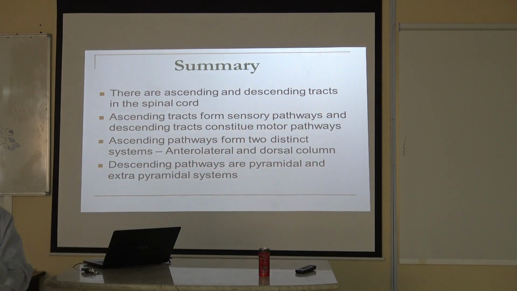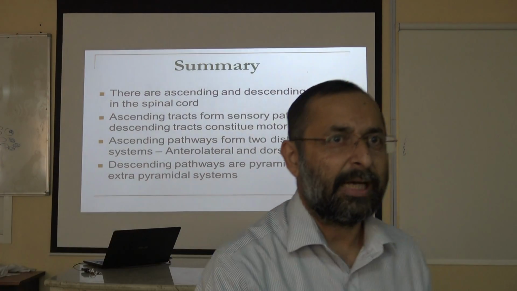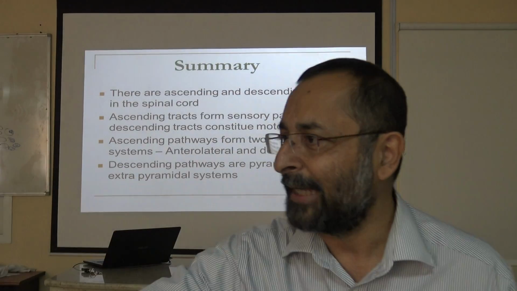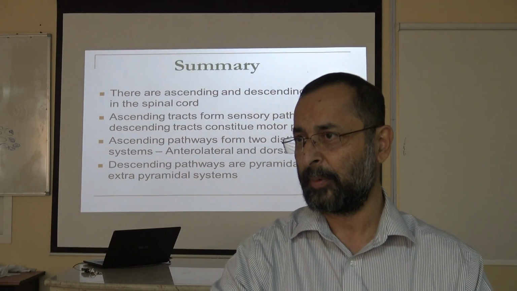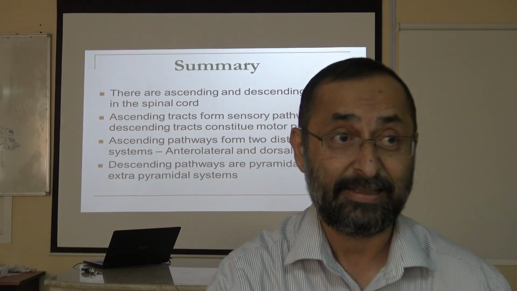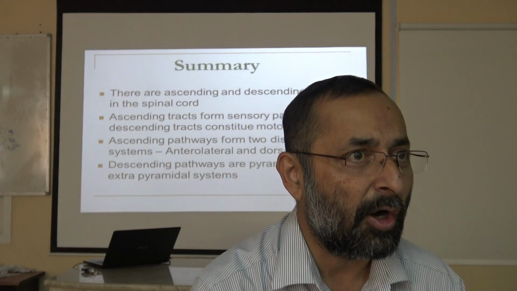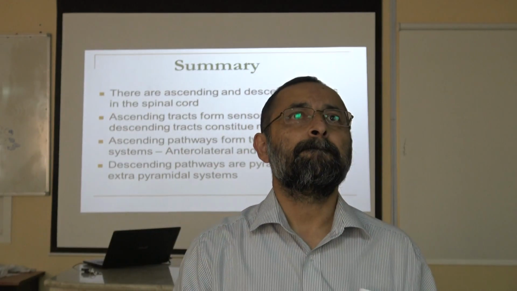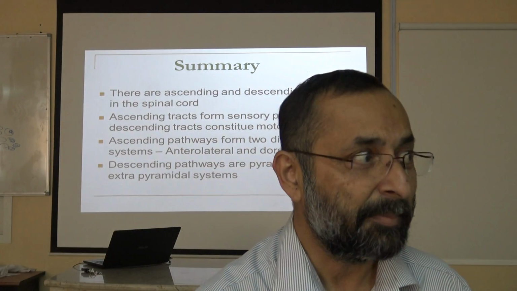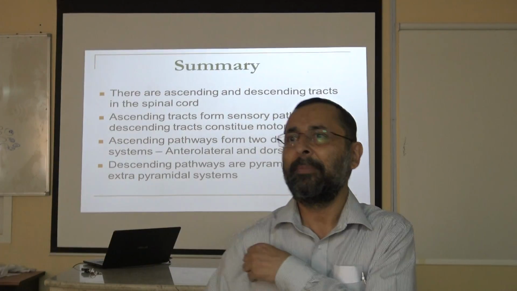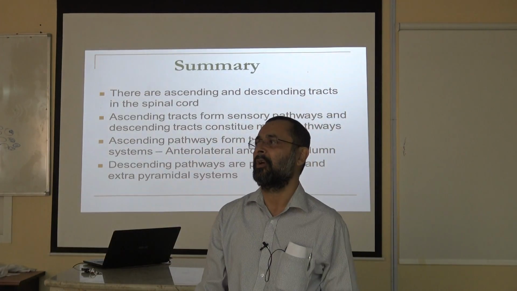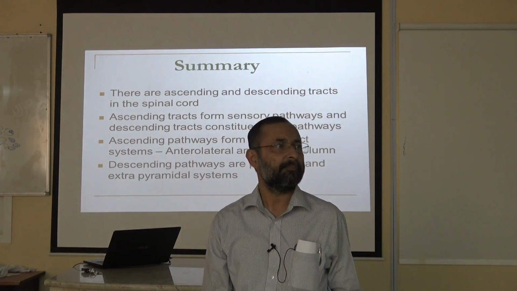Now, we are done with the pyramidal tract. I'll give you only a few words about the extrapyramidal and we are done. We are finished, because right now we are not going into the details. Are we clear about the functions of the pyramidal system tracts? What are the functions of the pyramidal tracts?